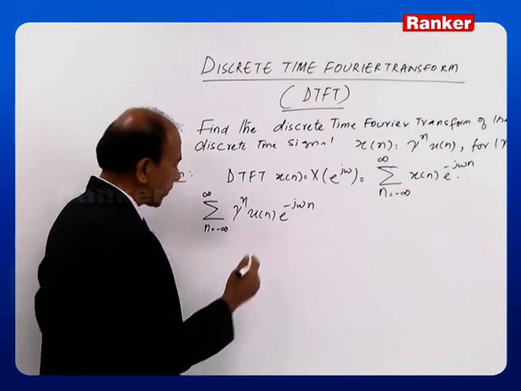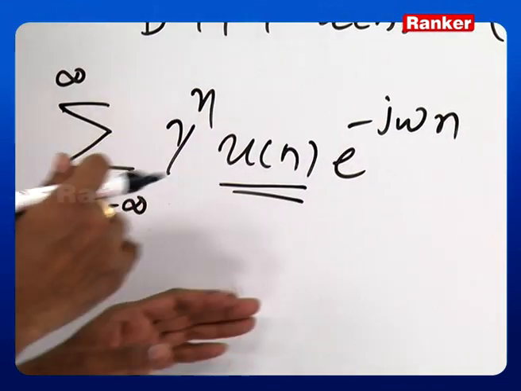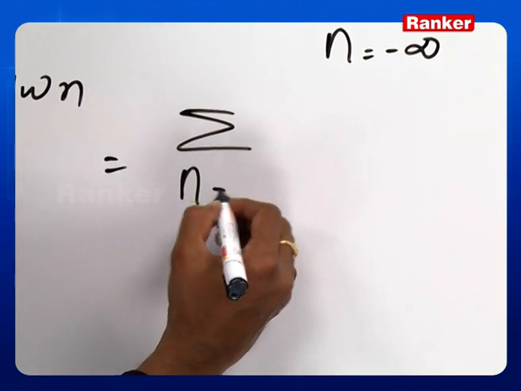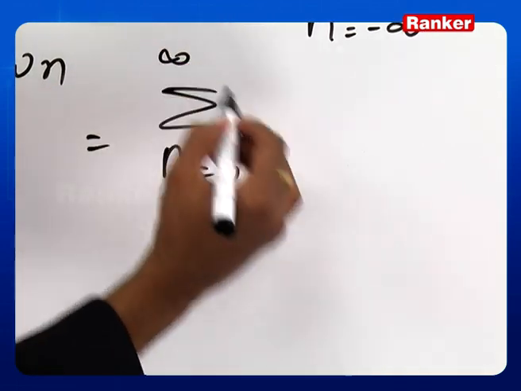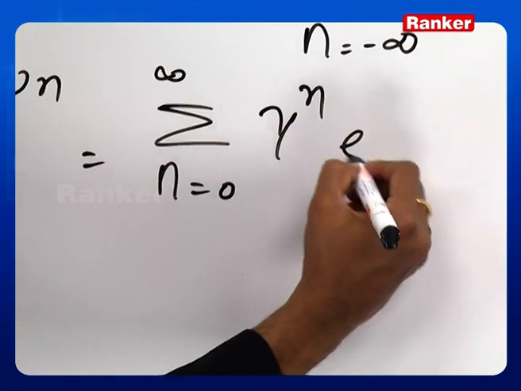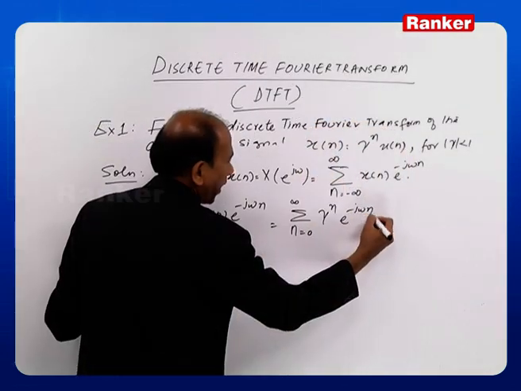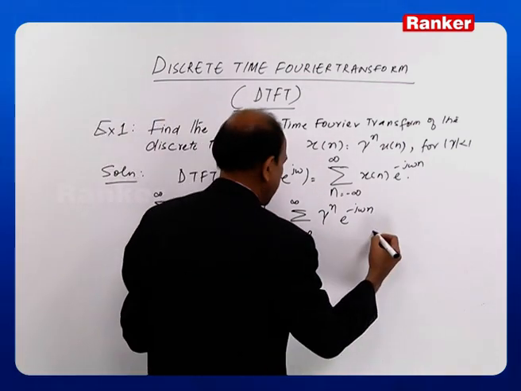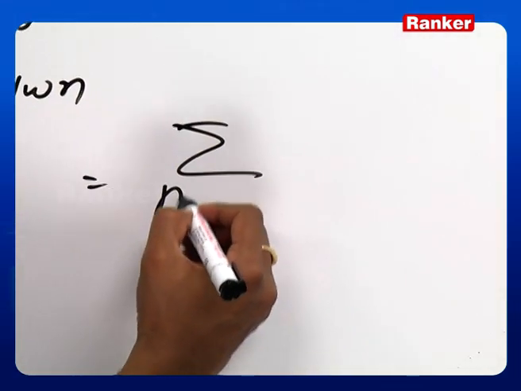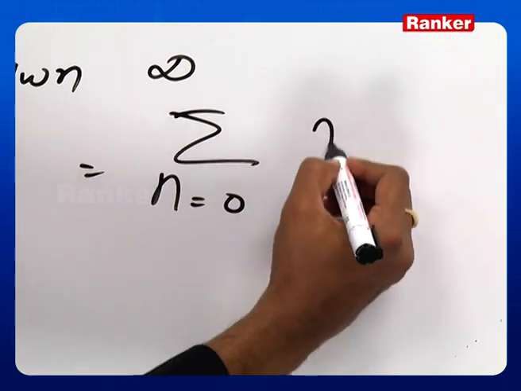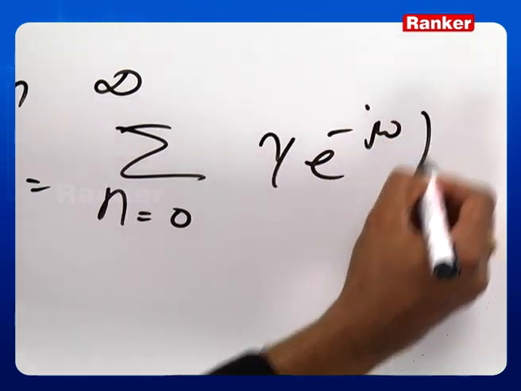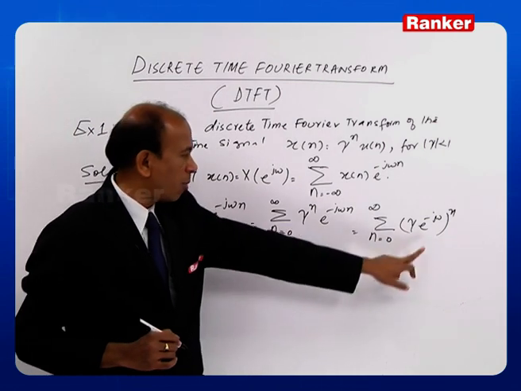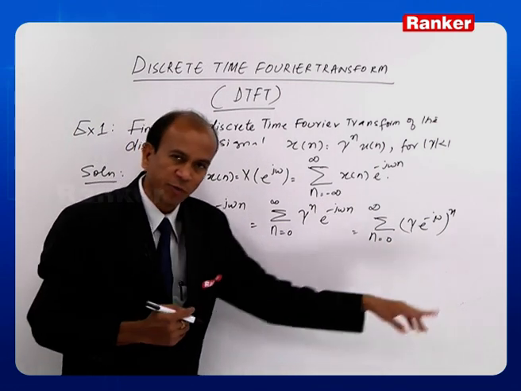Now, this u of n indicates that this exists only for non-negative values of n. So, I can rewrite this as n equal to 0 to infinity gamma to the power of n e to the power of minus j omega n. Let us take n common from this. So, I can write this as n equal to 0 to infinity of gamma e to the power of minus j omega, to the power n. This is a geometric progression with a common ratio gamma e to the power of minus j omega.